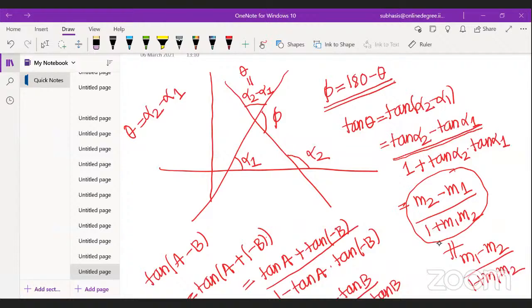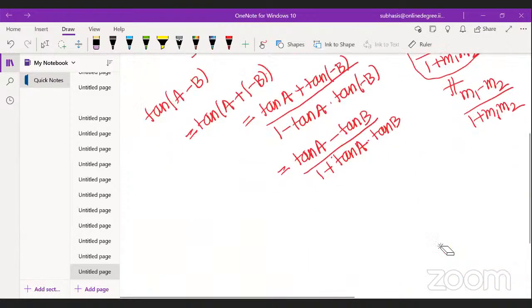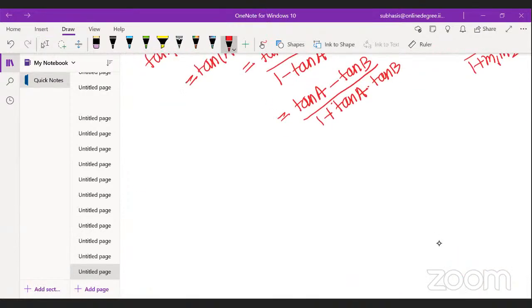Option 1 is saying tan theta is tan of alpha 2 minus tan of alpha 1, divided by 1 plus tan alpha 1 into tan alpha 2.